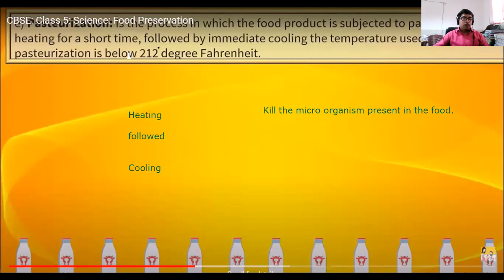Now suppose we have heated and all the microorganisms have not been killed. So what should we do? We should not allow them to grow or multiply. So how do microorganisms not multiply?